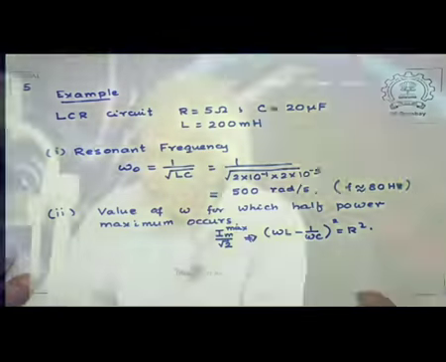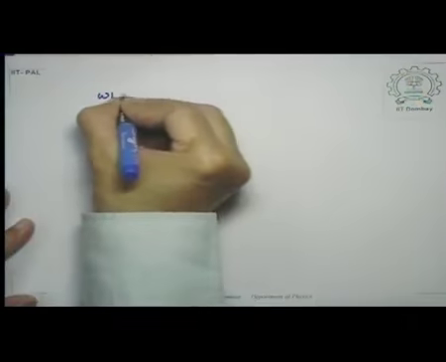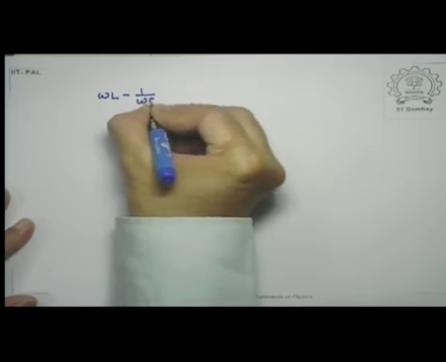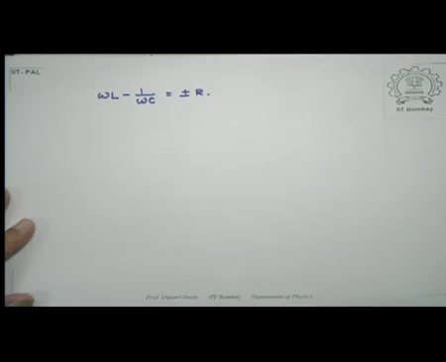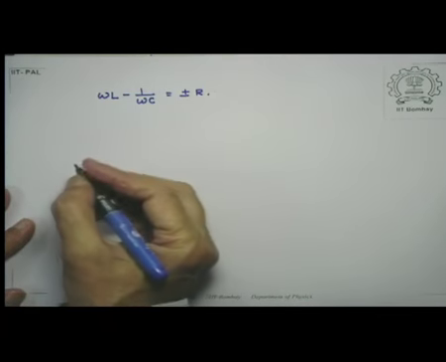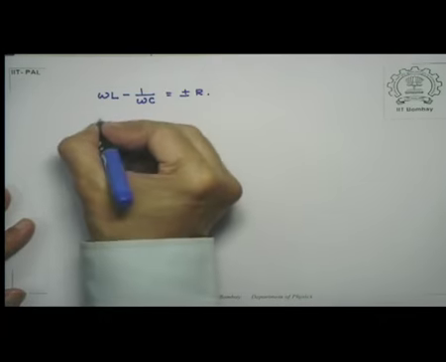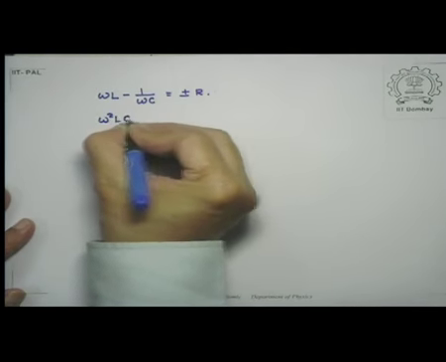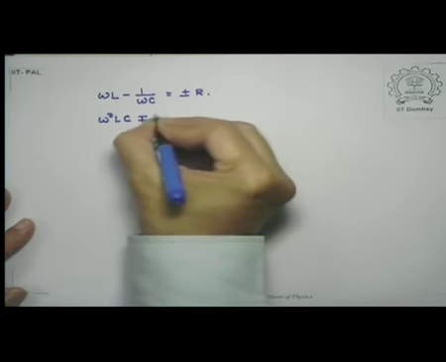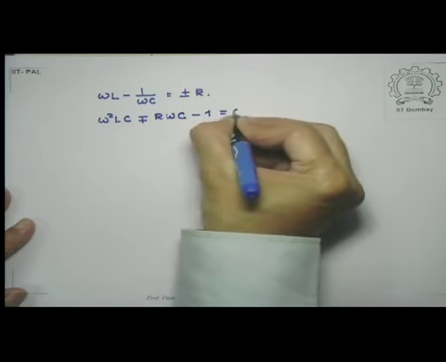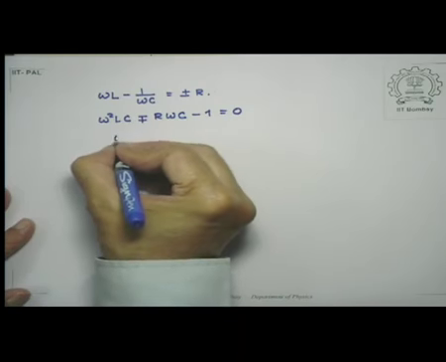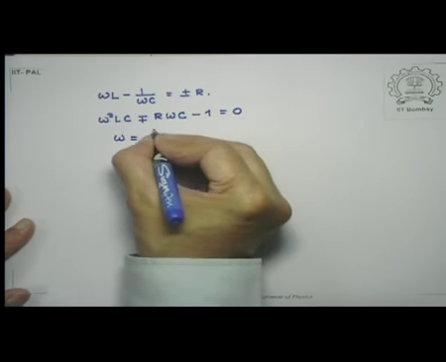Let's find out what the solution of this equation is. So taking the square root, what we get is omega L minus 1 over omega C is equal to plus or minus R. We can easily convert this to a quadratic by multiplying throughout by omega C, so that I get omega square LC minus or plus R times omega C minus 1 equal to 0, so that my omega becomes plus or minus RC.